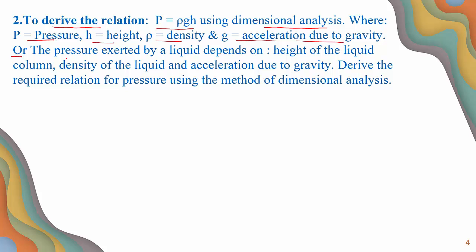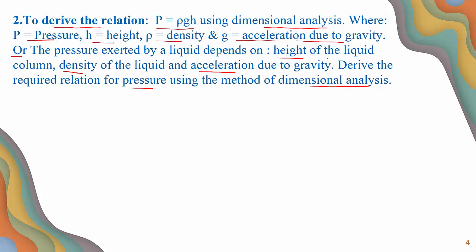The pressure exerted by the liquid depends on the height of the liquid column, density of the liquid and acceleration due to gravity. Derive the required relation for pressure using the method of dimensional analysis.